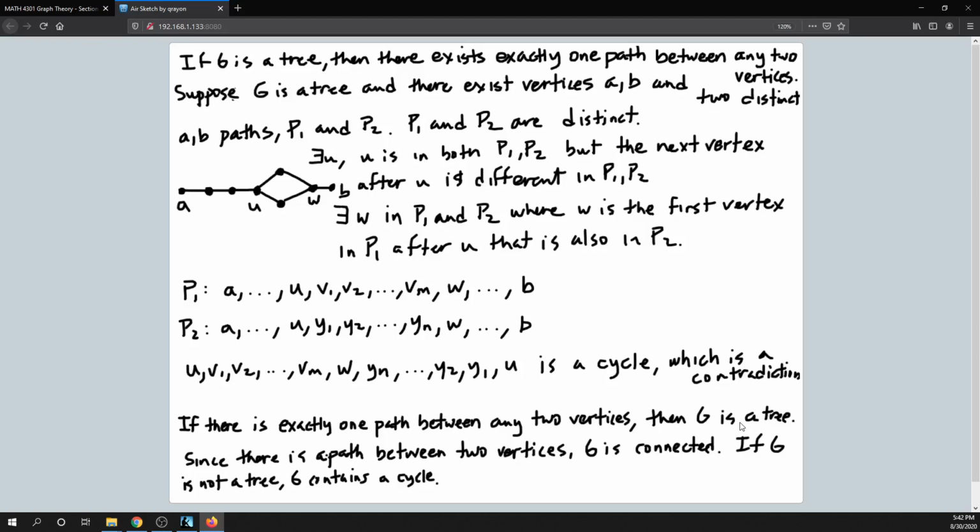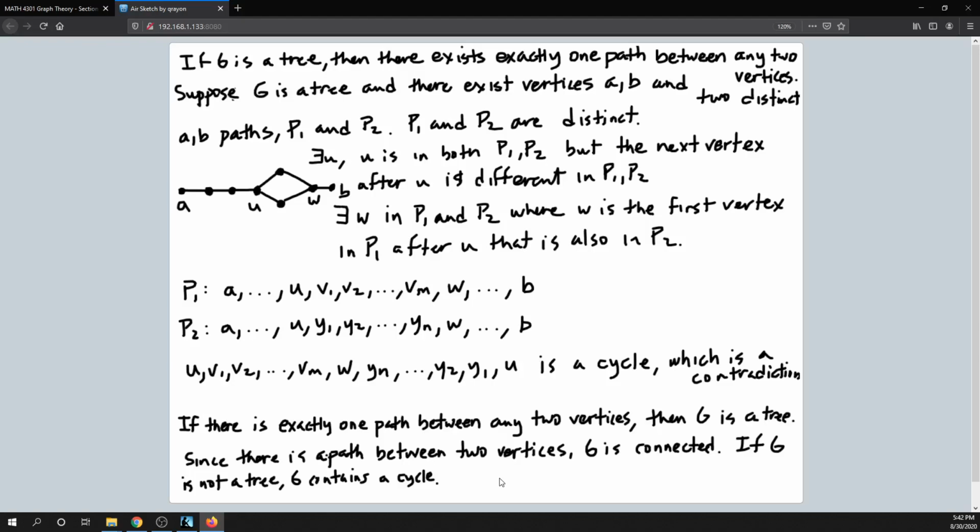Okay? So G is not a tree. That means G contains a cycle. Well, if you have a cycle, then if you take any two vertices on that cycle, there are two distinct paths between them.